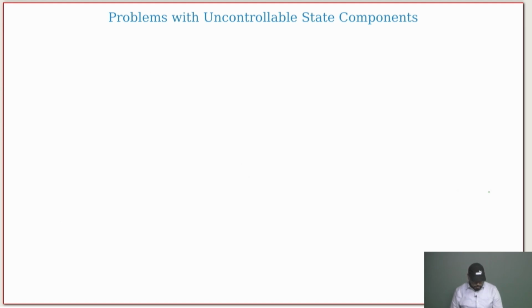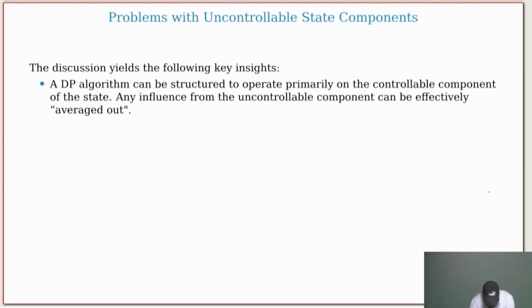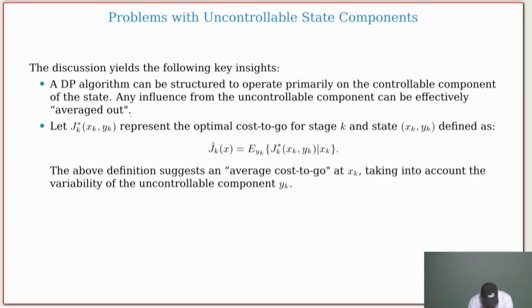Okay, so a DP algorithm can be structured to operate primarily on controllable components of the state. Any influence from the uncontrollable component can be effectively averaged out. So let Jk star of xk, yk represent the optimal cost to go at stage k and state xk, yk.